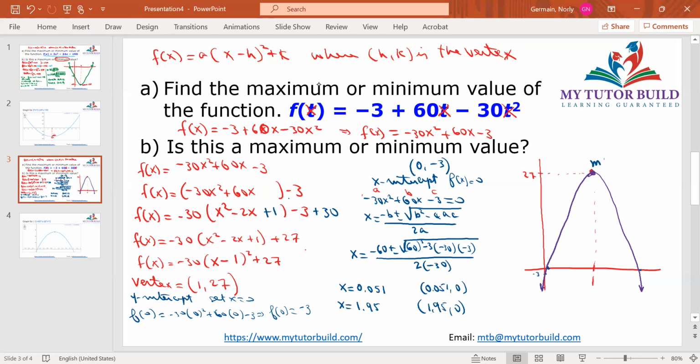The maximum happens when y equals 27. So we have a maximum value, and the maximum value is 27 because this is where it happens.